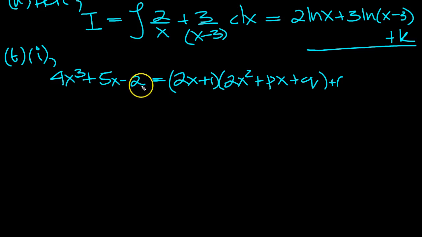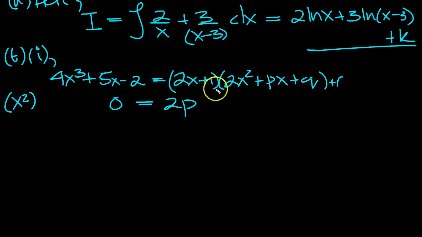I'm tempted to equate x squareds just by virtue of the fact there's no x squareds on the left, to see what happens. 0 is equal to then here. Now x squared, we've got 2x times px, which is 2p x squared, so that's 2p.